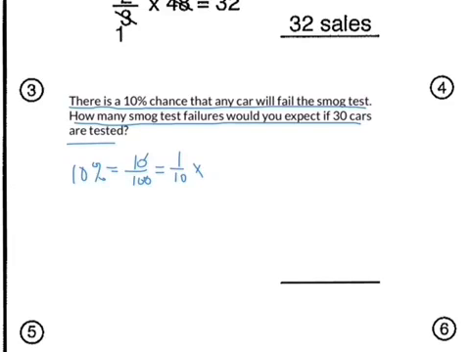And so 1/10 of the 30 cars is equal to 30 over 10. You can simplify that. Divide by 10, and you should have 3 cars out of those 30. They're going to fail the smog test, okay? 3 cars would be the answer.